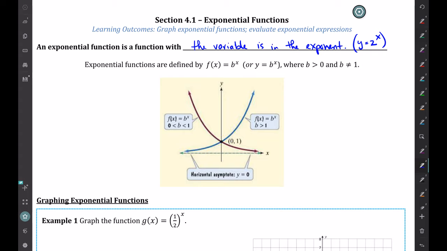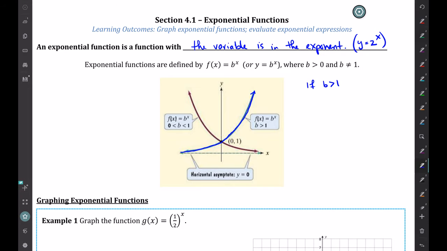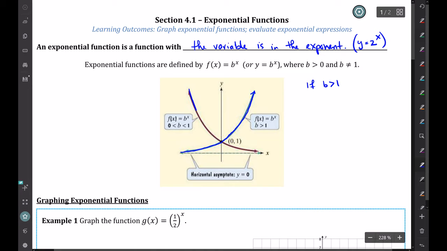Okay, so first off, let's look at the graph of what an exponential function looks like, and it depends on the base. So all exponential functions either look like this blue curve right here, and that's if b is greater than 1, or they look like that red curve right here if b is between 0 and 1.